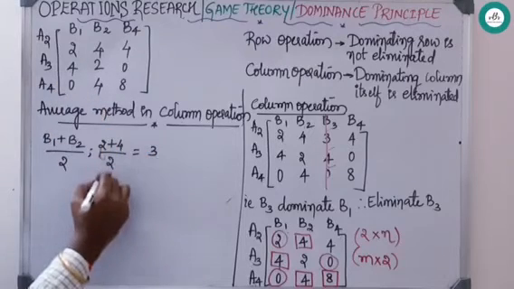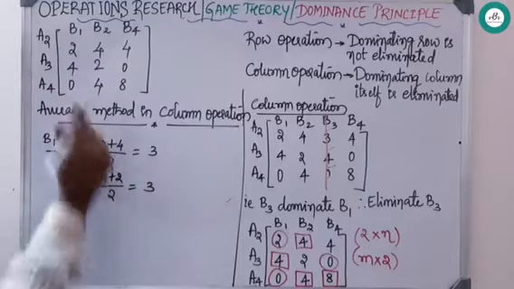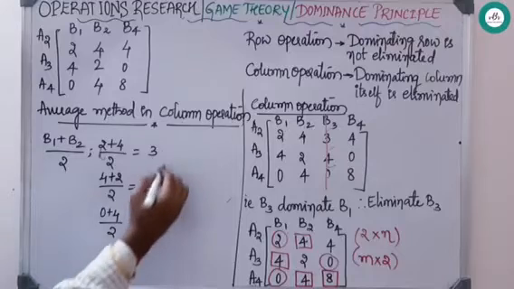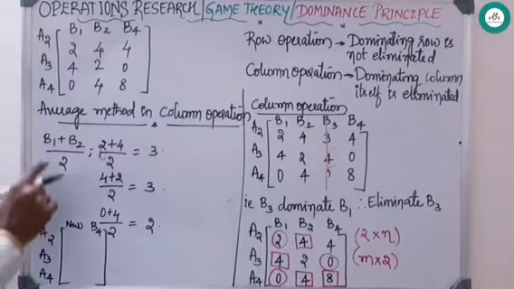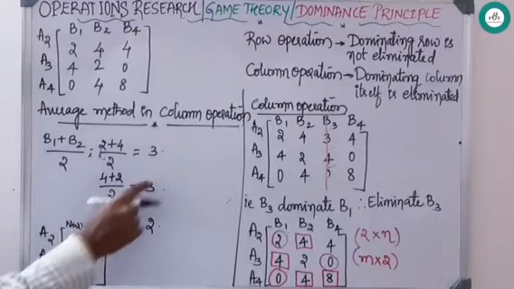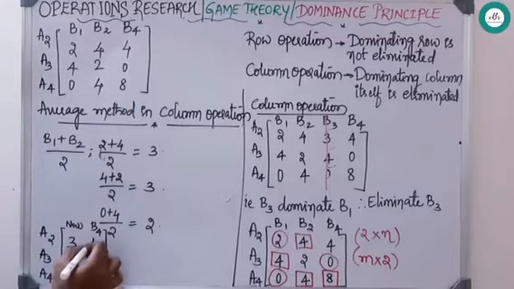Next, 4 plus 2 divided by 2 is 3. 0 plus 4 divided by 2 is 2. So now we shall take these elements. That is B1 plus B2, I have taken as new here. So copy down these values, 3, 3, 2. For B4 you have the values 4, 0 and 8.